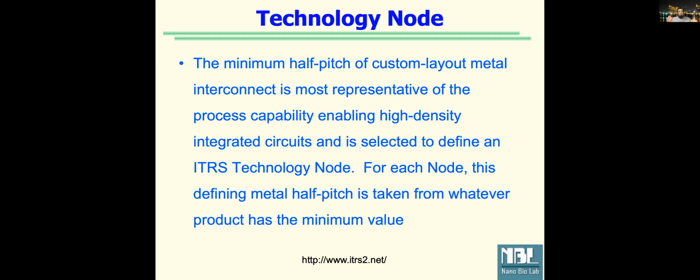What does it mean? So pitch is how often you can repeat something, right? You put a transistor, then you cannot put another one too close to it because they would start interfering with each other's operation. So we take that distance, how close can we make it at minimum, and we take half of that number. That's what we call the technology node, whichever is the smallest that we have.